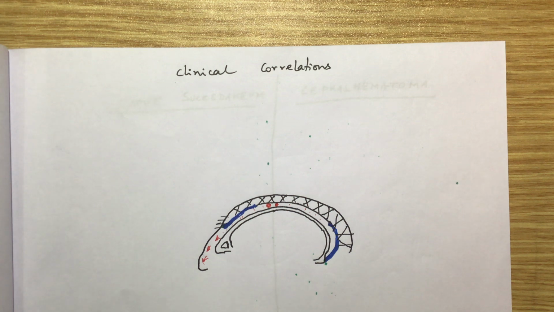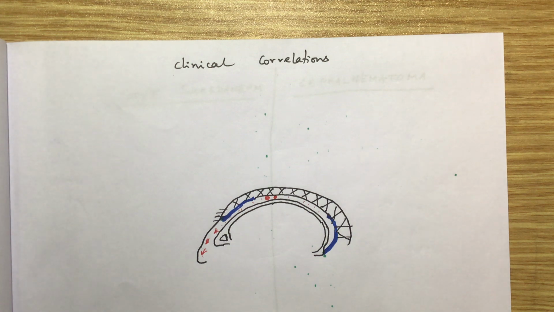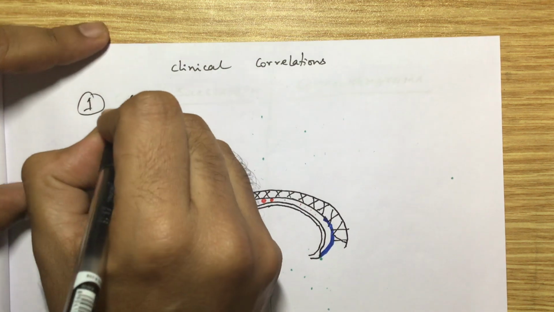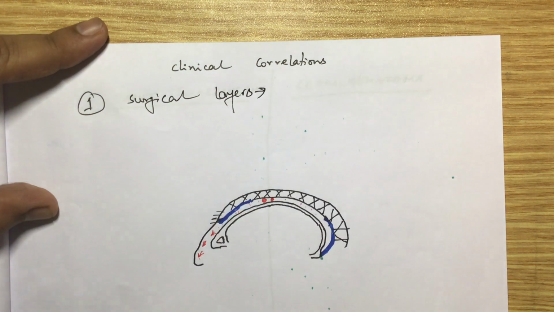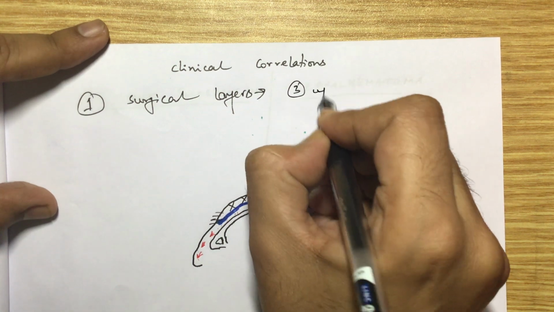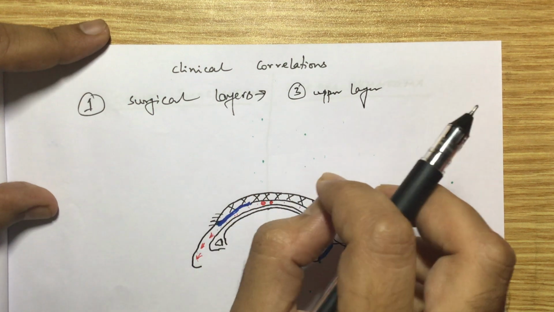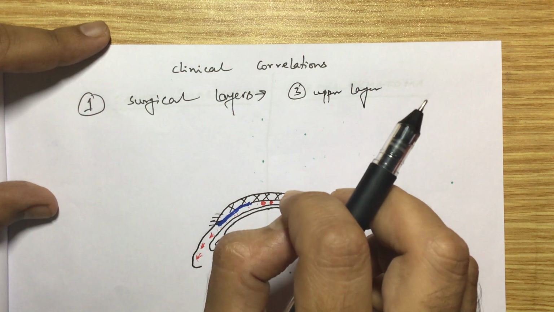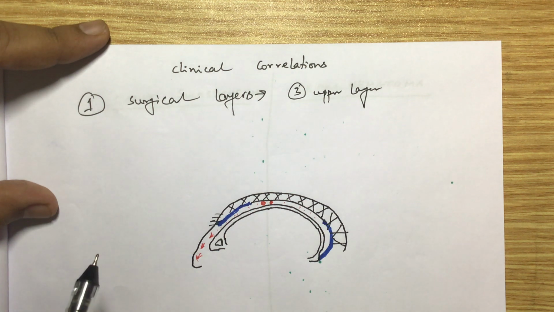We have already seen a few clinical applications of the scalp. The first, we have described the surgical layers. The upper 3 layers are collectively known as the surgical layer, because we can separate them and they move as a whole, and the surgeon usually takes those layers as a flap for different surgeries.